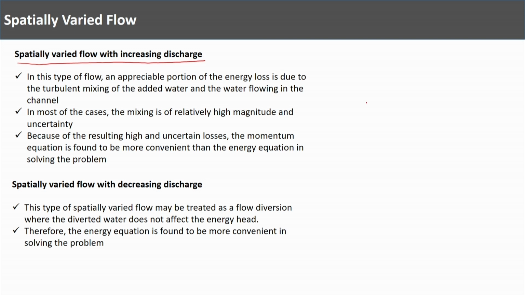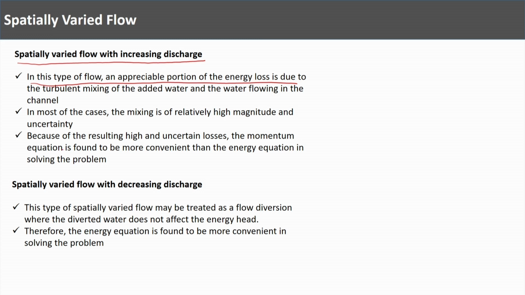There will be turbulence, and because of that there will be energy loss in the channel. In most cases the mixing is of relatively high magnitude and uncertainty, so it is very difficult to account for.